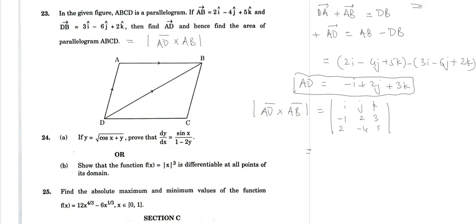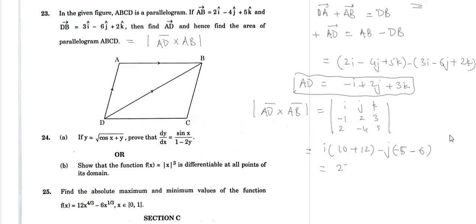Okay, so it will be I multiplied by 5 fours are, sorry, 10 plus 12, minus J, sorry, 5 minus 6, J is -5 minus 6.